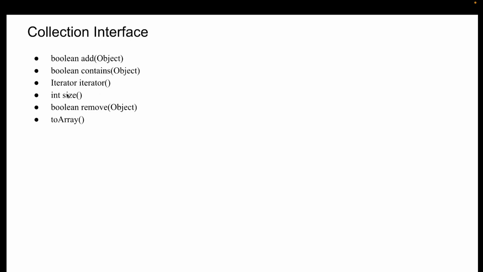And the size method helps you know how many elements are currently held by your collection. Suppose you inserted 10 elements. If you do collection.size, it will tell you it is currently holding 10 elements.